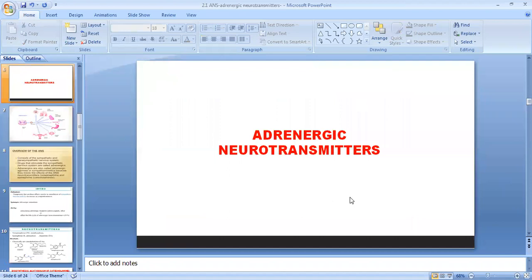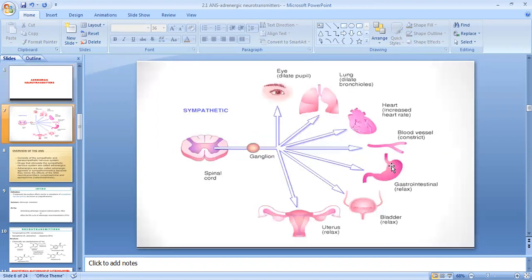Now we are going to discuss a very important point from this unit, that is adrenergic neurotransmitters. What is the name of the topic? Adrenergic drugs. We are going to discuss the drugs which act on the autonomic nervous system. Before we proceed, here we are going to discuss adrenergic neurotransmitters.